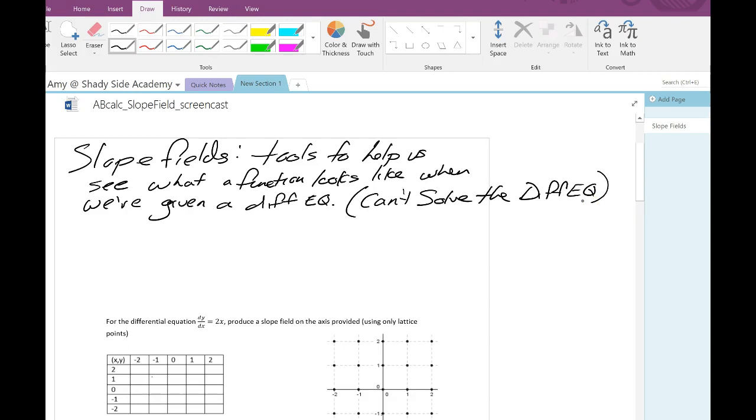Okay, now all that's really going to happen here is a pretty simple process: I give you a differential equation and you plug in a bunch of points.